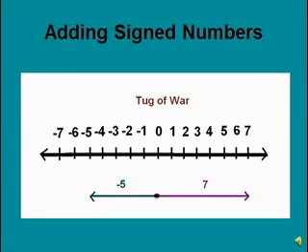And if we assume that all of the members of each team are approximately the same size and the same strength, then we should be able to determine from this graphic that the negative team having only 5 individuals pulling versus the positive team that has 7 members pulling to the right side, that the positive team is going to win.